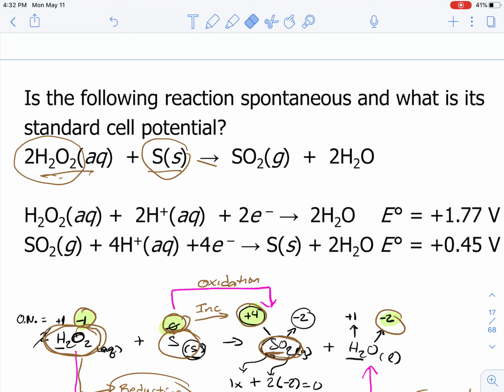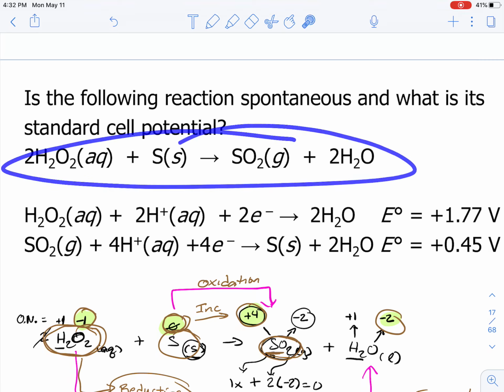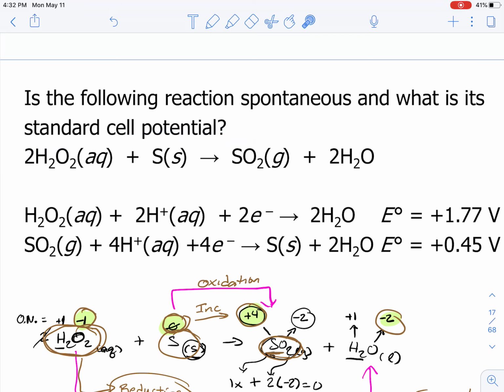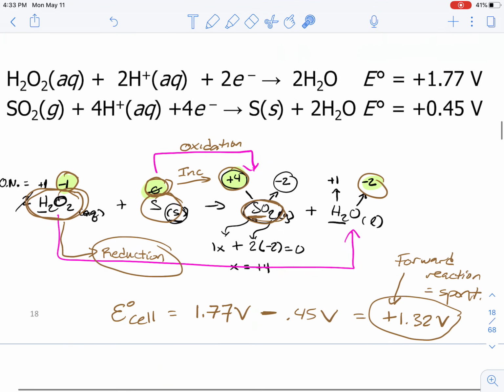And so I can go ahead and use this chemical equation and create some type of half cell reaction, or I can use this chemical equation and create a galvanic or voltaic cell out of it, knowing that the forward reaction will be spontaneous. Therefore, the electrons will spontaneously flow from anode to cathode.